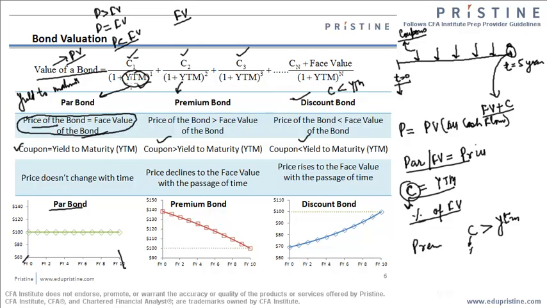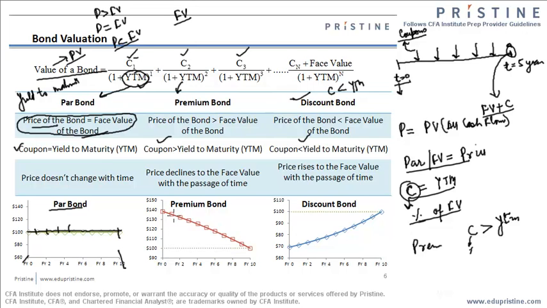So if the interest rate scenario does not change, the par bond price will remain at par. That is, the price of the bond throughout these years will remain the same. So with respect to time, it would be a straight line parallel to the x-axis.